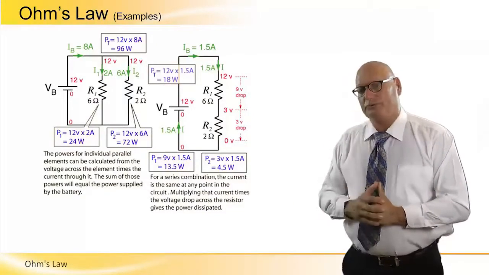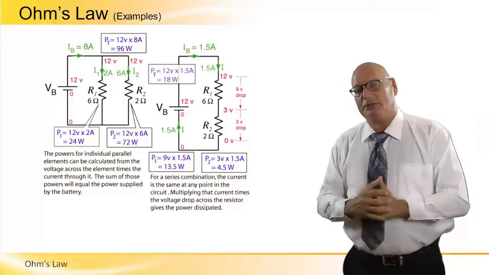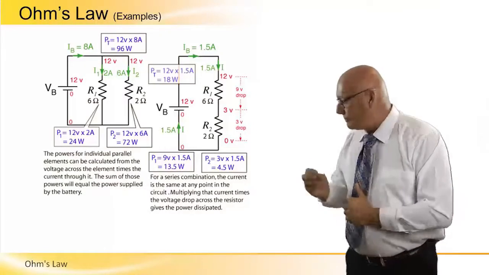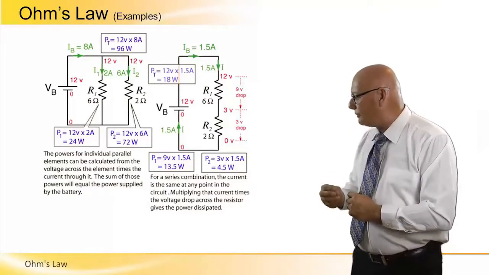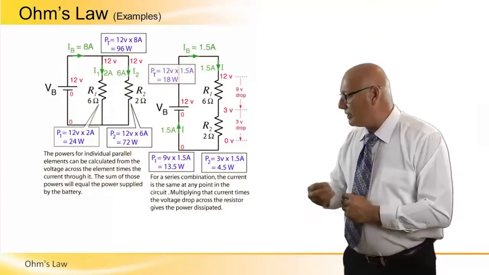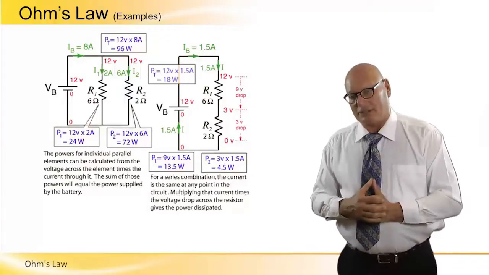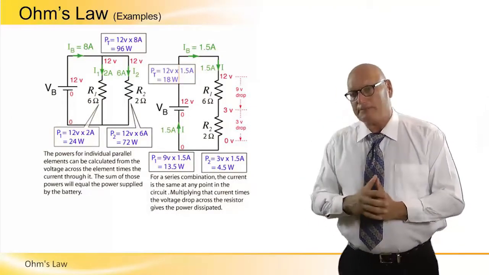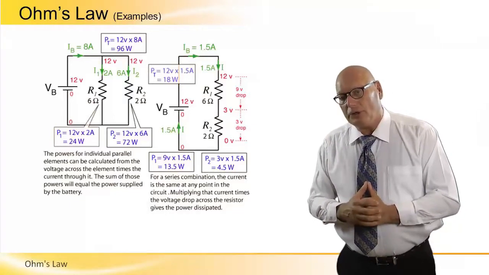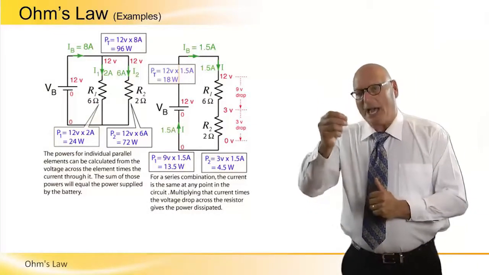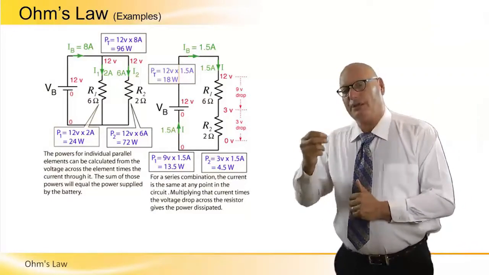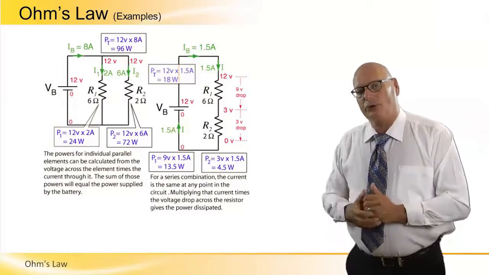It's one loop. The current going in is identical to the current going out. So P2 equals 3 volts times 1.5, which is 4.5 watts. The voltage drop on R2 is I times R, and P is V times I, 4.5 watts.